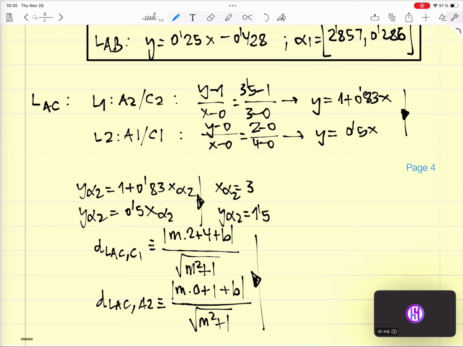Both need to be the same, so 2 times m plus 4 plus b equals b plus 1. The b's cancel, so m is minus 3/2, also minus 1.5.